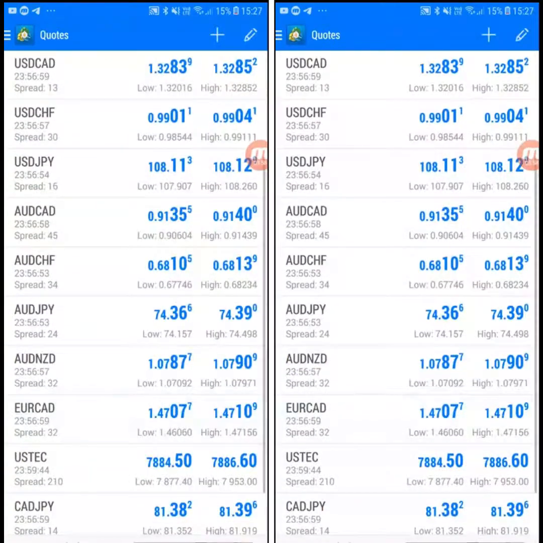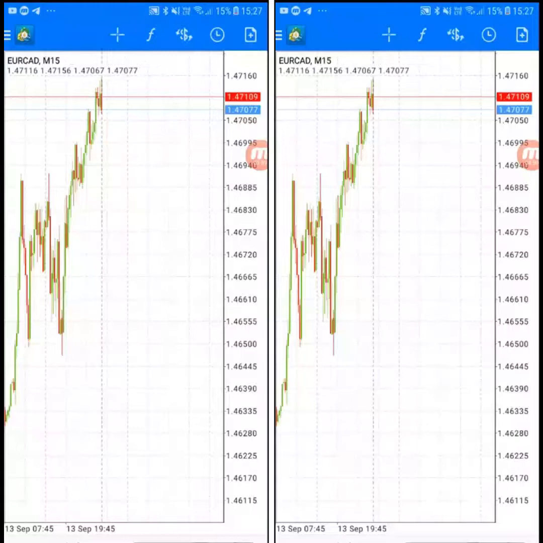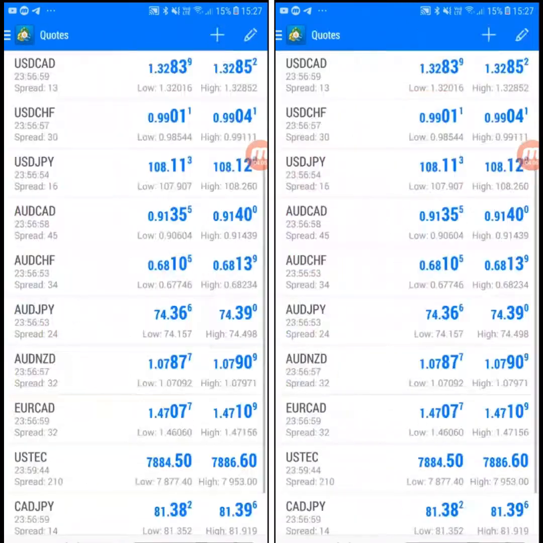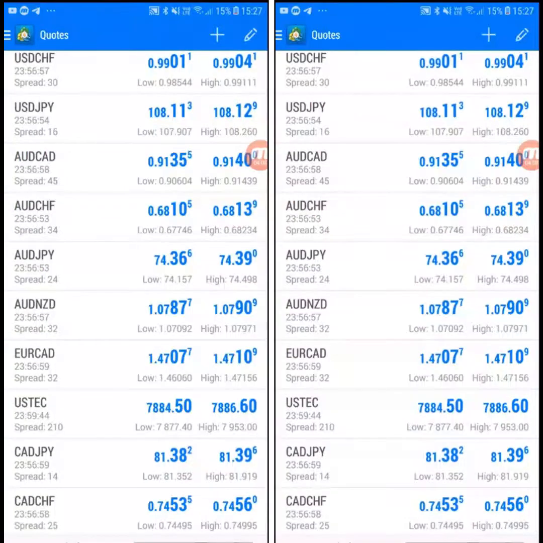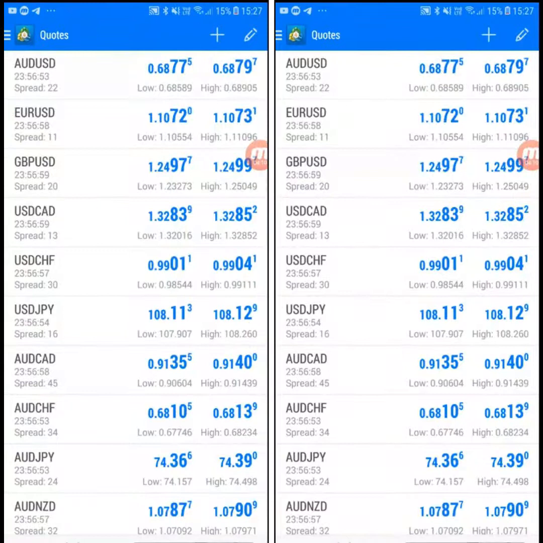Then you come to Euro CAD, you sell Euro CAD, you put a stop loss of 7 pips. Okay, if the news on CAD are positive, one will hit your stop loss and one will remain.